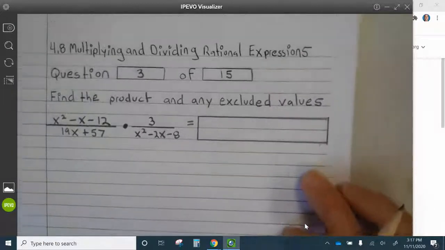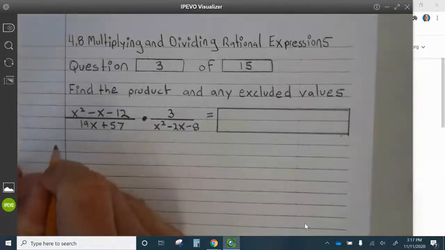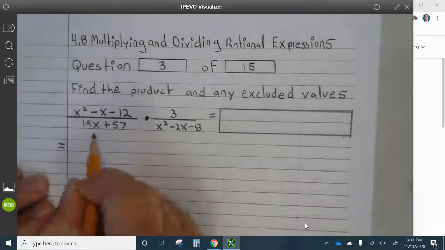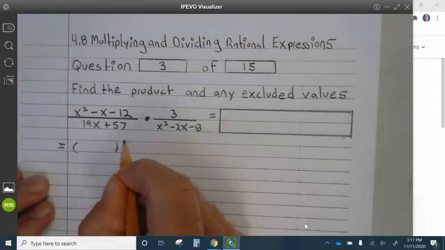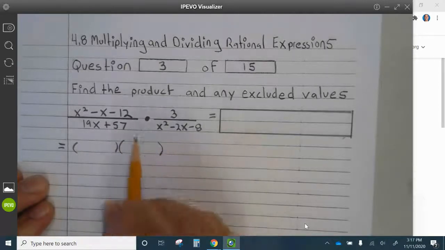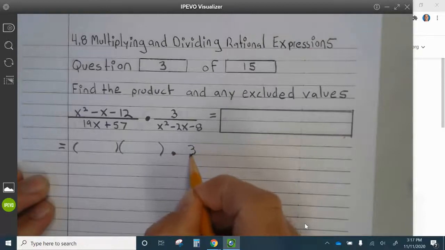Question 3 of 15. Find the product and any excluded values. So we need to factor the numerator and denominator. So let's factor the numerator here. We know that that's going to be 2 parentheses times 3, we can't really do anything with the 3 right now.